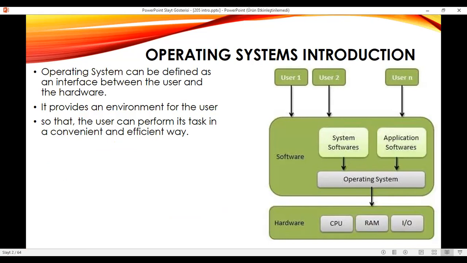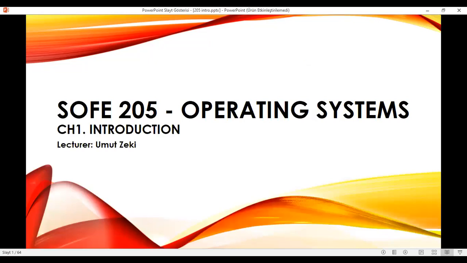First of all, let me talk about the lecture. This lecture is operating systems, but in this lecture, we are not going to see how we can operate an operating system or how we can use an operating system. Our aim is not that.